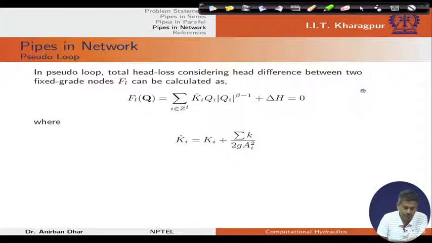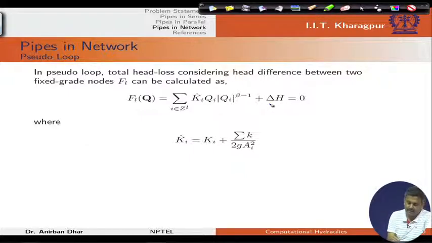Now, let us consider this pseudo loop thing. In pseudo loop, the total head loss considering head difference between two fixed grade nodes. So, for fixed grade nodes, we will have this delta H as constant. So, we will add this with the head loss equation, and this should be equal to 0.